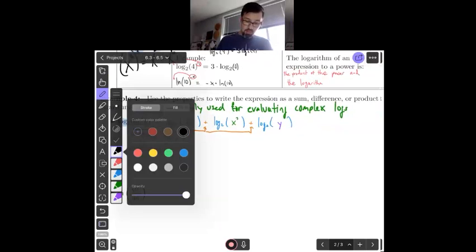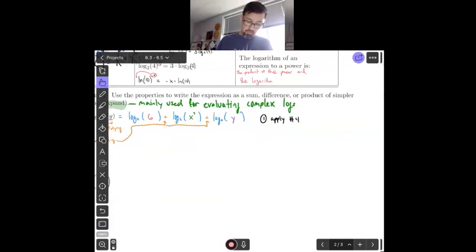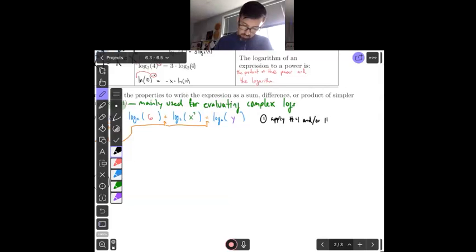I kind of run this in 2 steps when I do these types of problems. First thing I do is apply number 4 and or number 5, so the product property or the quotient property. I look to see how I can pull it apart and whether I need addition or subtraction.